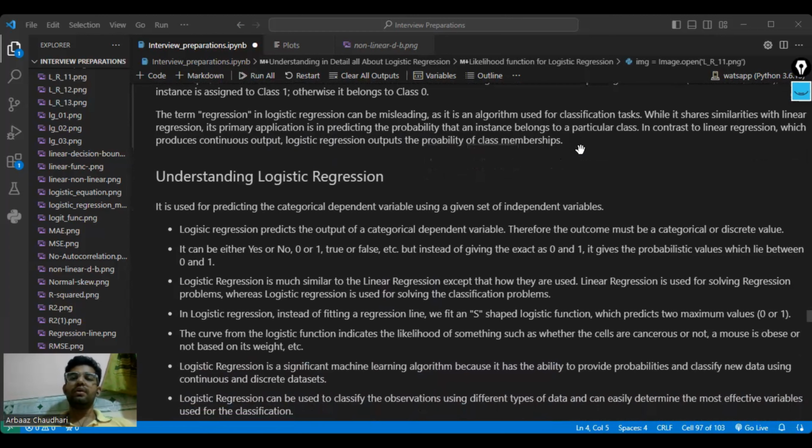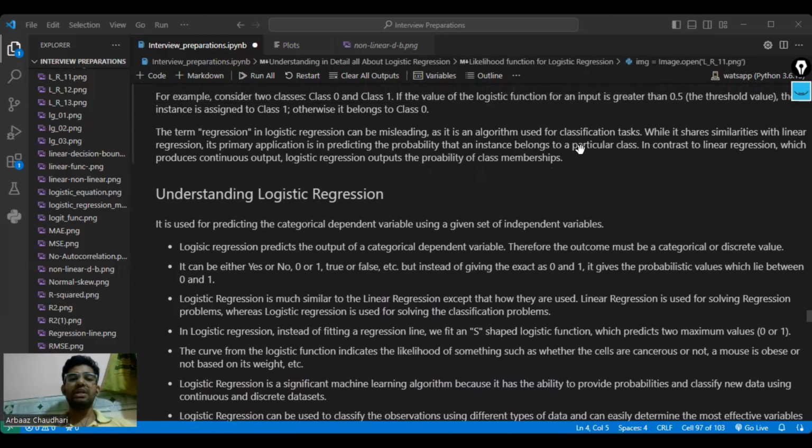But in contrast, in linear regression we were finding a continuous y. The output it was giving us, the y, was in a continuous form, like when we were predicting the salaries of the students. But here we are predicting the classes.